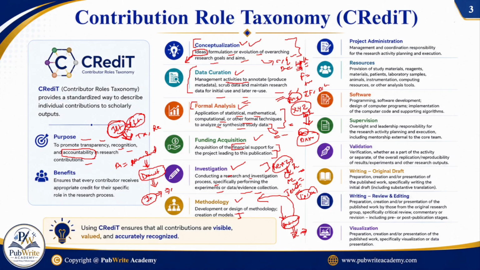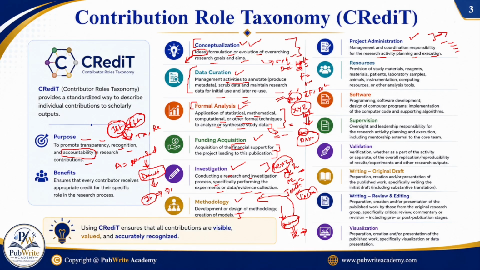Then come to the project administration. This involves the management and coordination responsibility of research activity planning as well as execution. It involves things like reporting progress, timeline, budget, and compliance with ethical, governance, legal, health and safety, and other relevant standards.